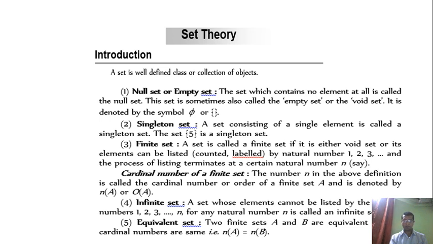Next definition, equivalent set. Two sets A and B are equivalent if their cardinal numbers are the same. That is, set A and set B having the same number of elements is called an equivalent set.